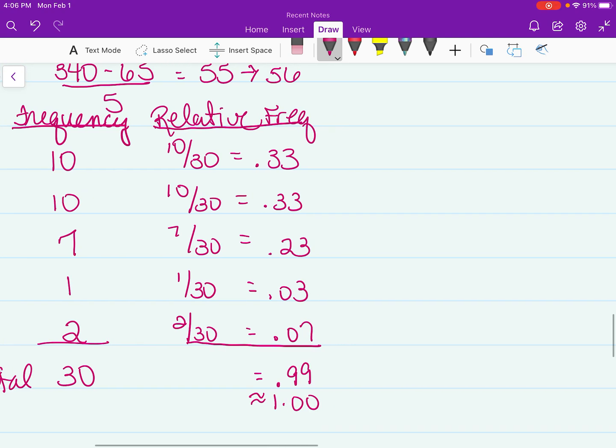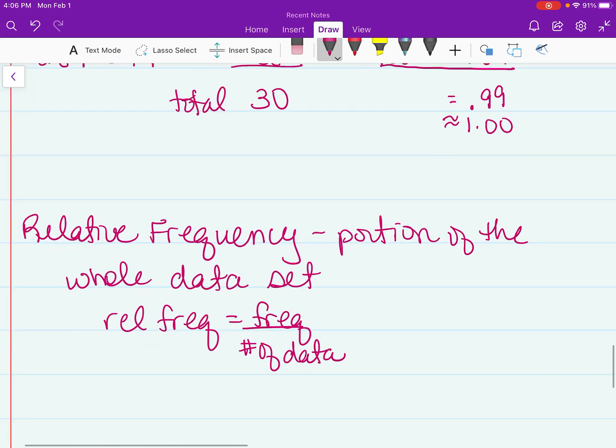We also want to look at the cumulative frequency. Cumulative frequency, again, let me add that definition for you.